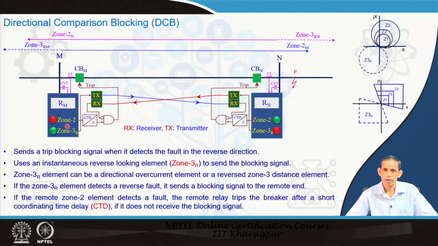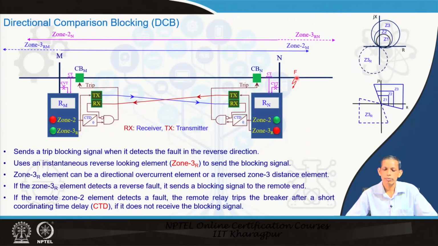So, it will operate after the 15 cycles or so, subject to the condition that it has not received any block signal from the remote end. Otherwise, if there is an internal fault at this point, zone 2 will trip even if delayed, or it can use other schemes for a better decision.